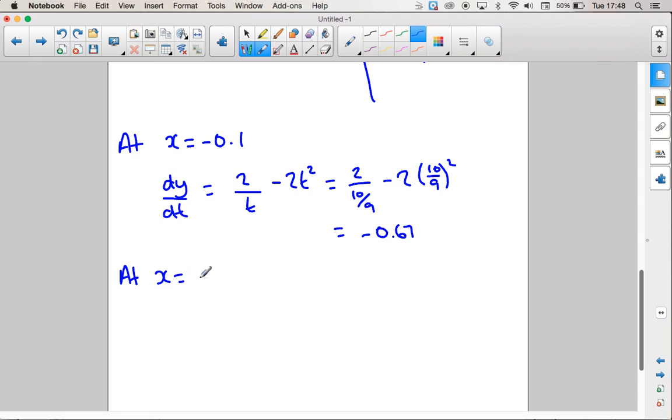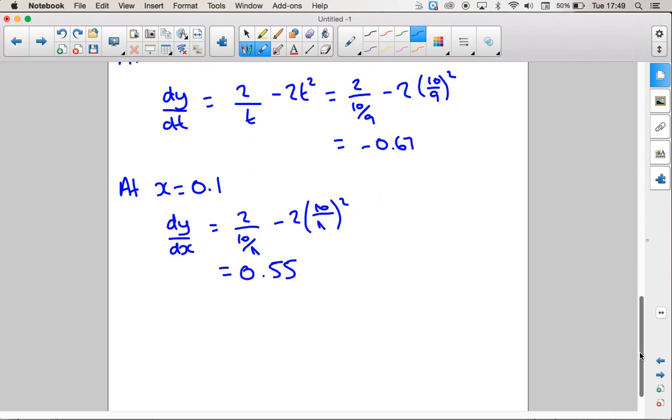At x equals positive 0.1, which was when t was 10/11ths, we get a positive number, 0.55.